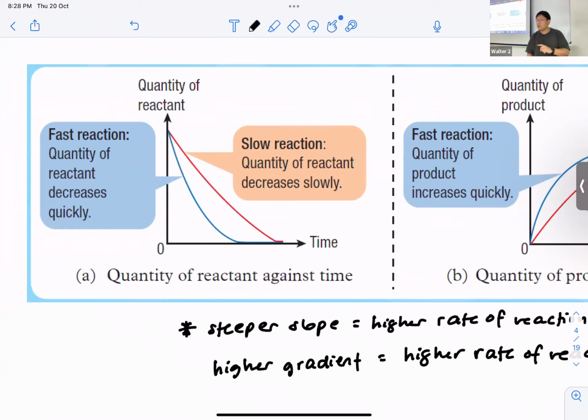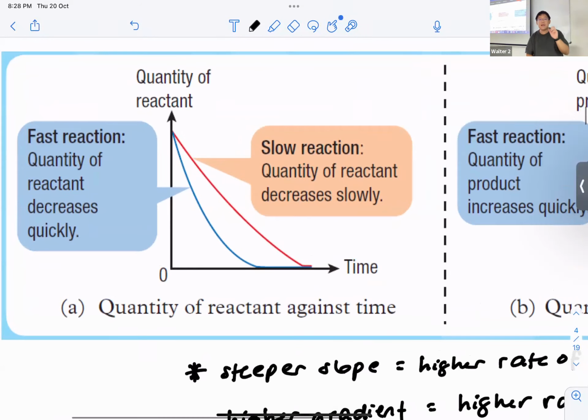And also, if you don't understand what I just said, you can look at it in simple terms. You can see that for the blue line, the reactants actually decrease much faster compared to the red one. You understand? So the blue line shows you that the reactants are decreasing much faster compared to the red one.